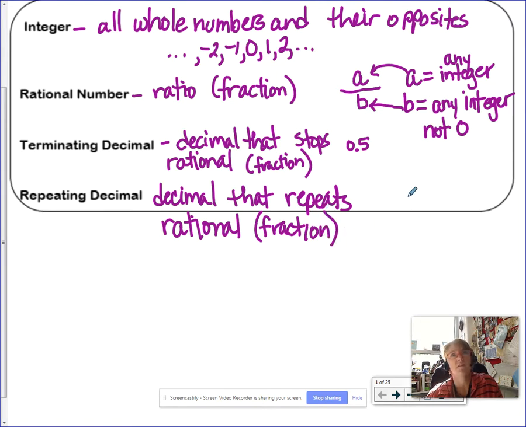So I always think of this one, 0.3 repeating. That actually comes from the fraction 1/3. Those are exactly the same. And notice we use that repeating bar. Hopefully you're used to seeing that and you've used that notation before, okay?